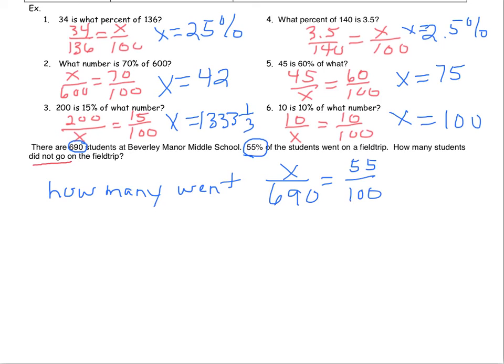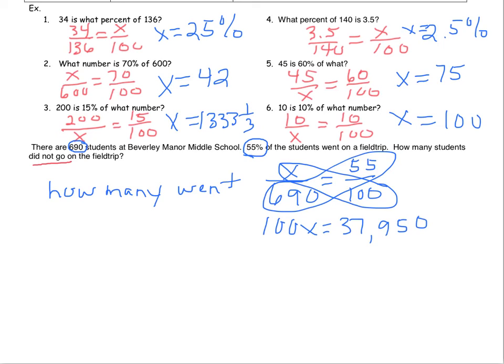And then we'll cross multiply and divide. x times 100 is 100x. 690 times 55 gives us 37,950. And then we'll divide both sides by 100. So x is equivalent to 379.5.